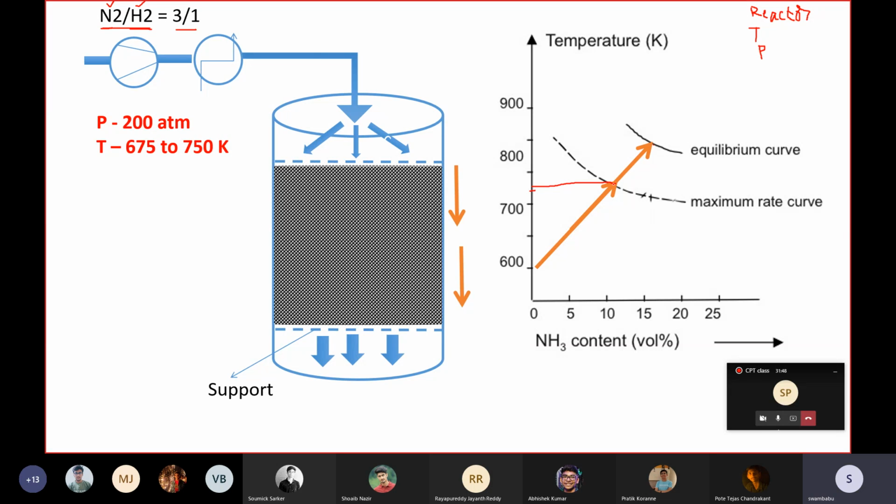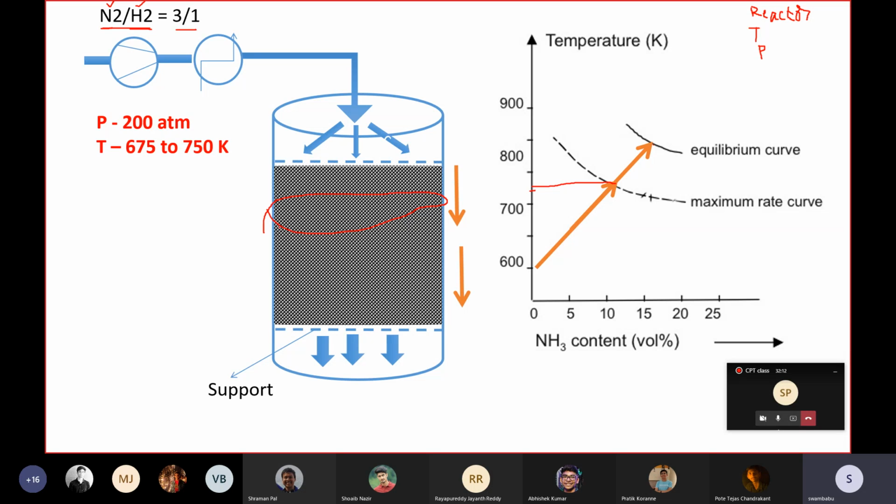Coolant. So how do we cool? Supply cold water. In what way? Can we supply it in the jacket and circulate around this? Will it be possible?